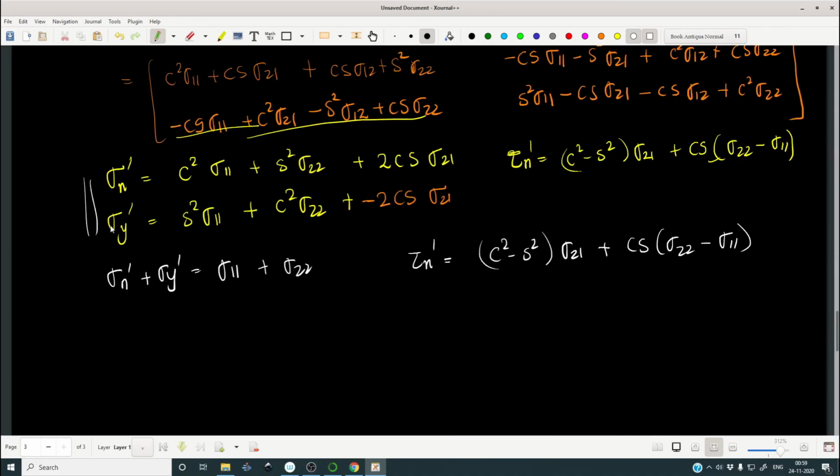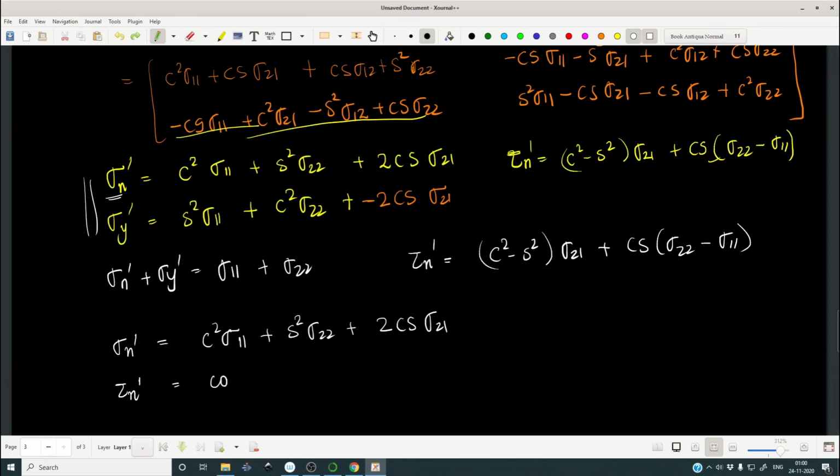Okay, but if we just focus on this sigma n prime, sigma n prime is equal to c square sigma 11 plus s square sigma 22 plus 2cs sigma 21, while tau n prime is equal to c square minus s square. So cos square theta minus sin square theta is cos 2 theta.